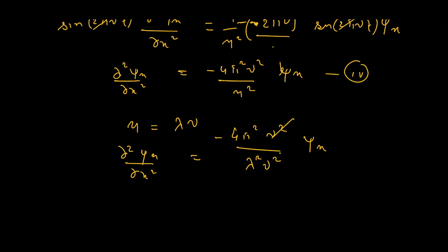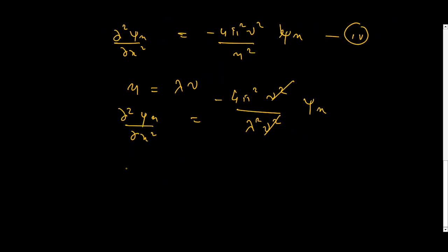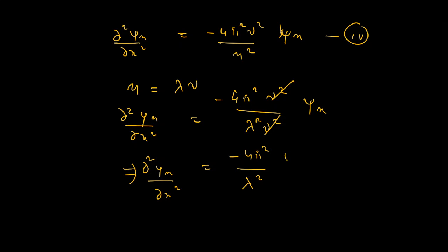Now if we cancel out nu square with nu square, we get dou square xi x upon dou x square is equal to minus 4 pi square upon lambda square into xi x. Now we take this equation as equation 5.